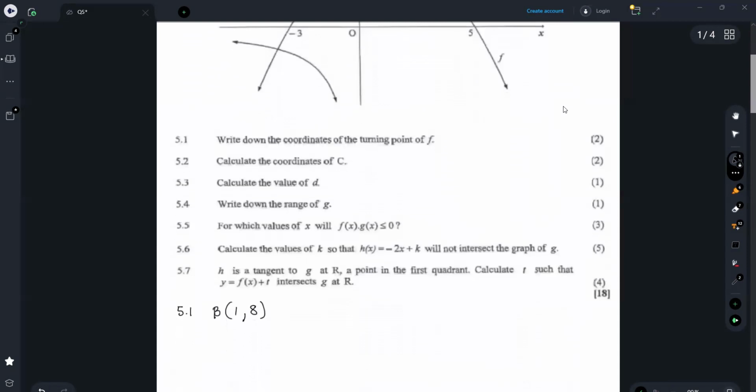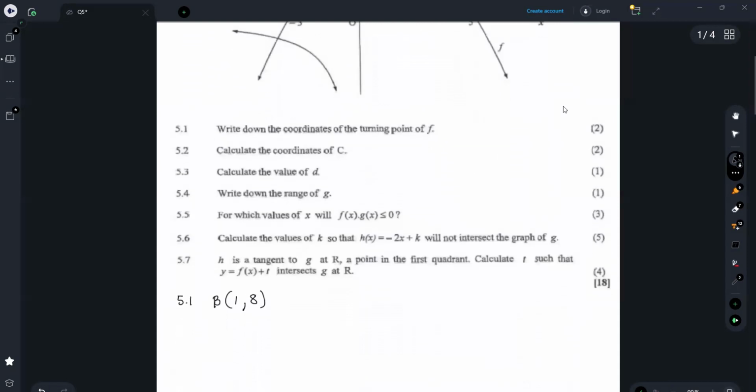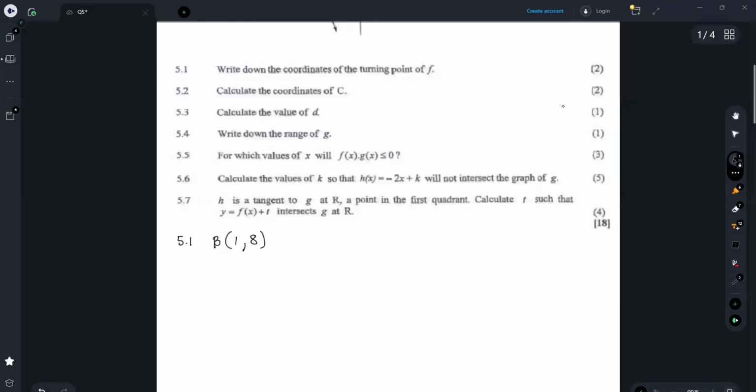So question 2 here says, calculate the coordinates of C. Okay, so we know that that's the y-intercept right there. Whenever we're dealing with the y-intercept, we know that the value of x is going to be 0. So we can substitute in 0 here: negative 1 over 2 times (0 minus 1) all squared, plus 8.